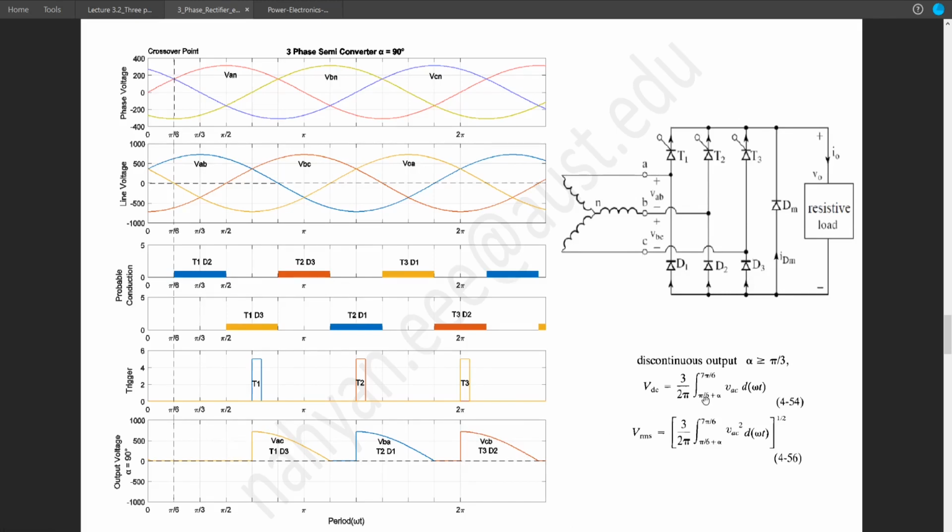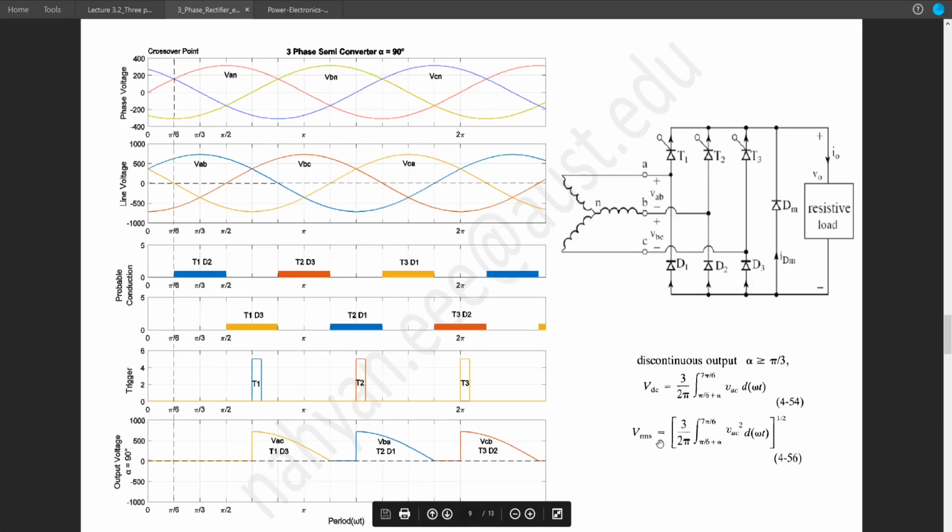So if we analyze the VDC and VRMS equation, the span or the time period of the output voltage waveform will be same. This is 120 degree apart or 4 blocks apart. The pattern is repeating after 4 blocks.